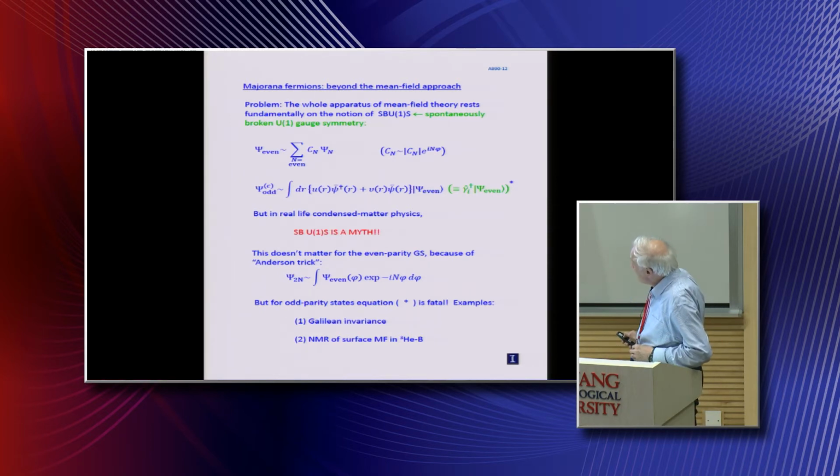Now, that doesn't matter for the even parity ground state, because by this trick invented by Anderson many years ago, you can basically recover a particle number conserving state by this trick here. The odd parity state, this equation is actually fatally wrong. And there are some rather straightforward ways of illustrating this, actually. It turns out that there are rather simple arguments based on Galilean invariance, which show it has to be wrong.